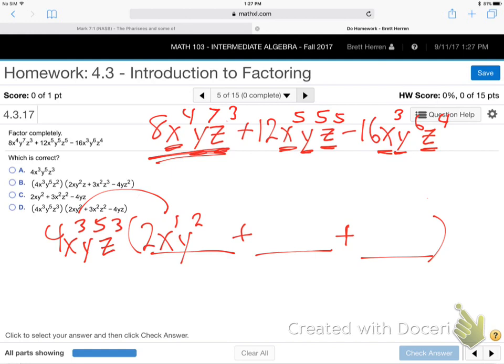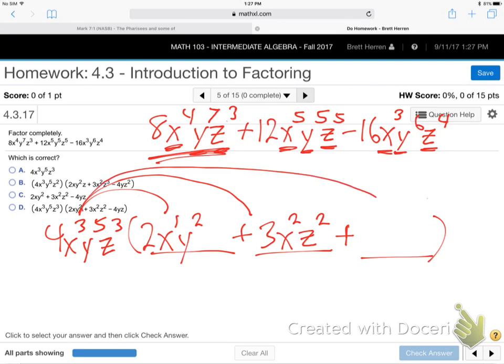Good so far. And then the next one, so that can be 4 times 3, x squared, no y's, z squared. Didn't even need any y's there, huh? Because they already had enough y's? Good. And then the last one, 4 times... Oh, it's supposed to be a minus there, isn't it?